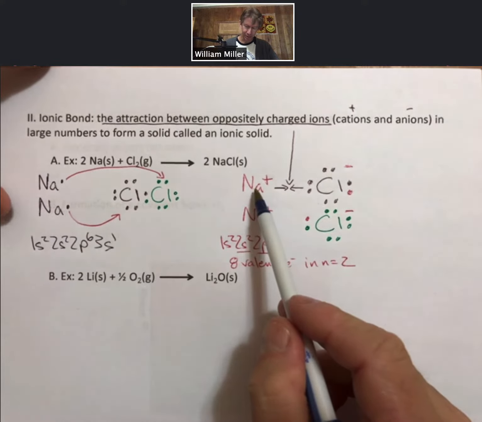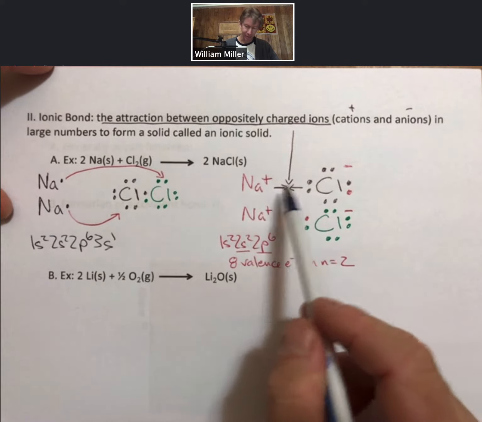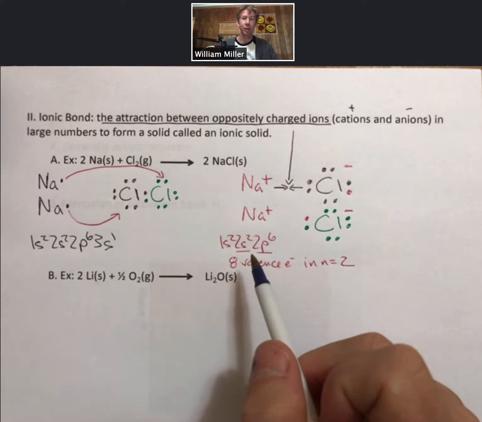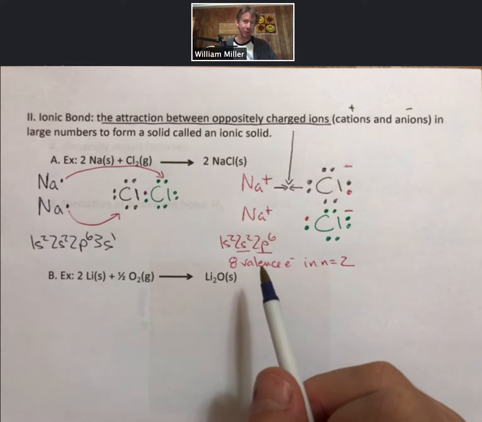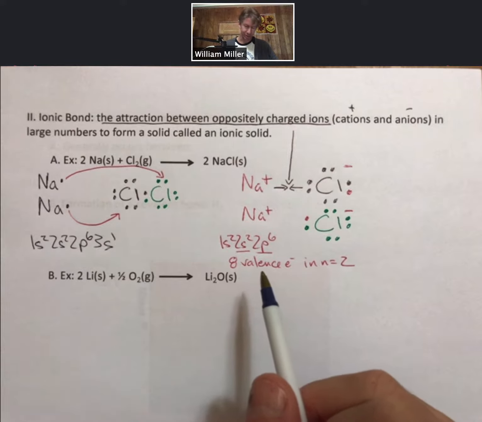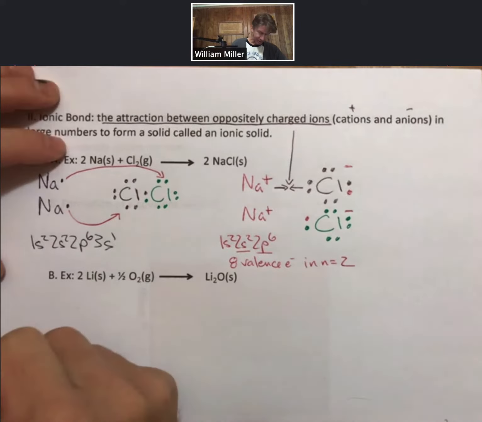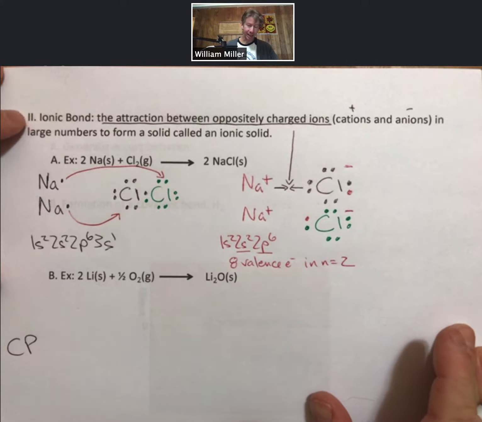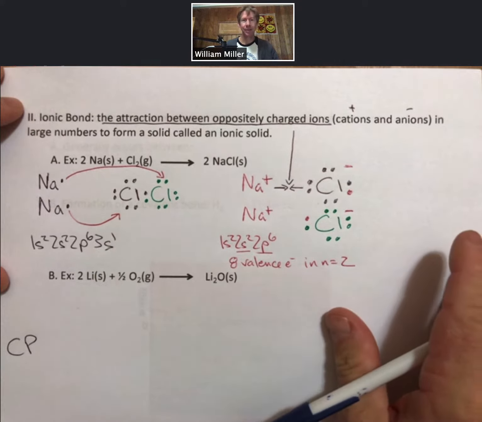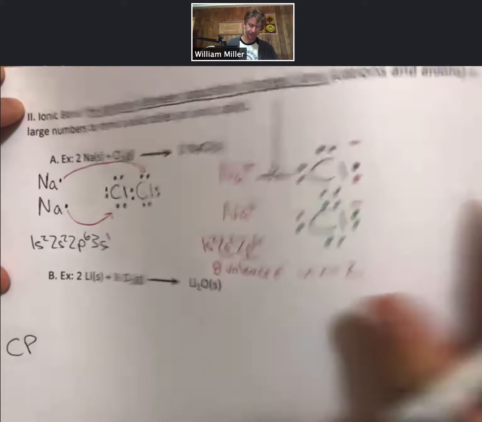We can think of them on a one-to-one basis as well, and the formula unit is the simplest formula for sodium chloride. I'm going to leave this one as a companion problem, and that is ionic bonds and how they meet the octet rule.